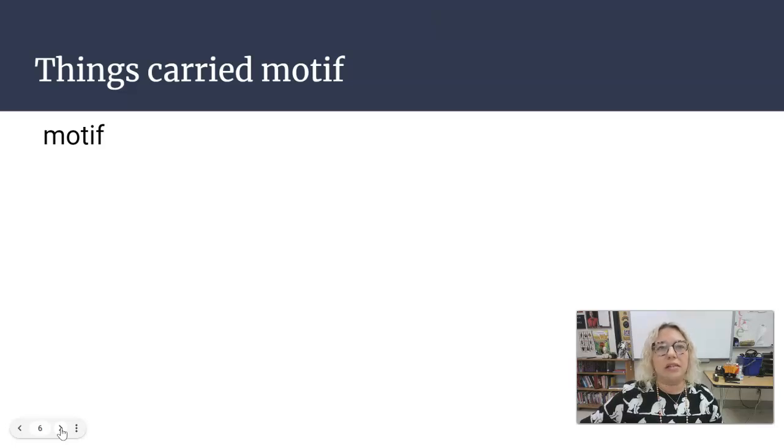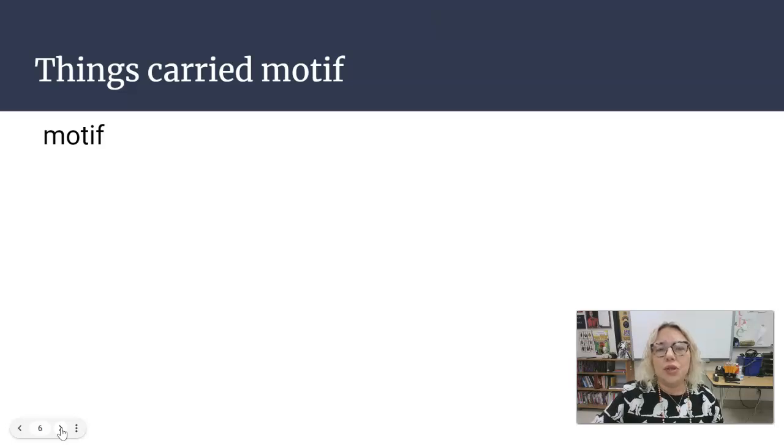And it usually has some kind of figurative significance, but it's a little bit broader of a term than symbol. And actually, now that you are in this more advanced literary analysis, you'll find yourself using the word symbol, symbolism, symbolizes less and less.